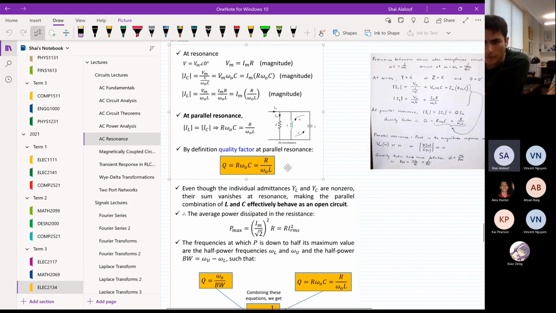Do you know where they come from? Julian didn't really explain it. The quality factor, well, it says here by definition, this is it. It's just defined as that. It just so happens that we define it in a way such that it gives us the selectivity of the circuit. The maths there is not really explained.